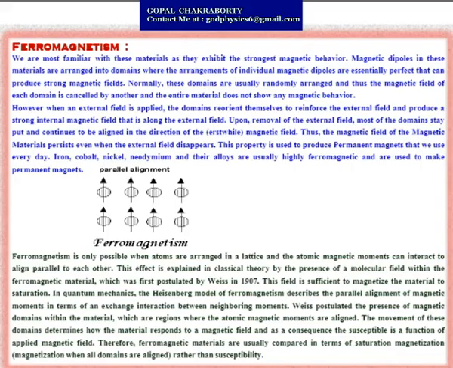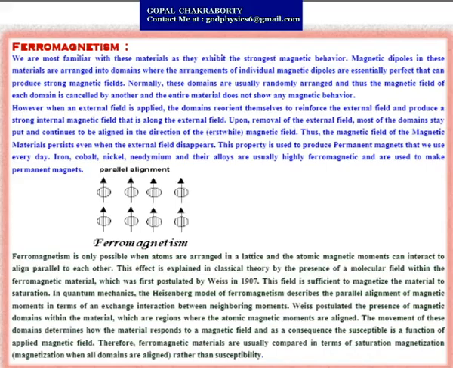Upon removal of the external field, most of the domains stay put and continue to be aligned in the direction of the magnetic field. Thus, the magnetic field of the material persists even when the external field disappears.